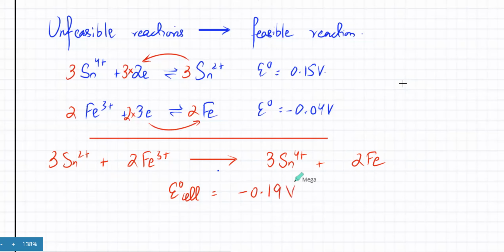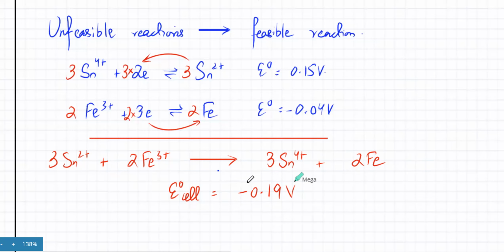Because remember, higher potential minus lower potential would always give you a positive potential, even for an unfeasible reaction, the one that you've written incorrectly. So reduction potential minus oxidation potential will tell you that it's unfeasible. Is that clear?